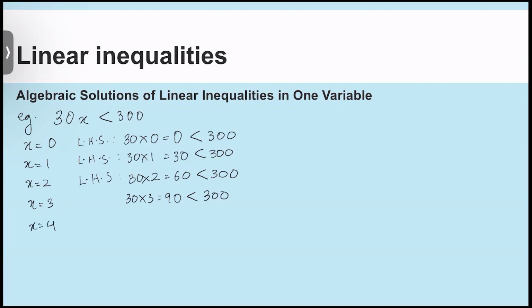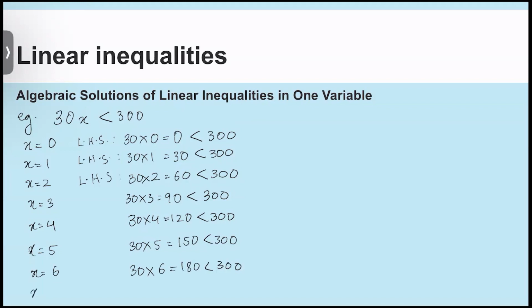x is equal to 4: 30 into 4 is 120, less than 300. x is equal to 5: 30 into 5 is 150, less than 300. x is equal to 6: 30 into 6 is 180, less than 300.